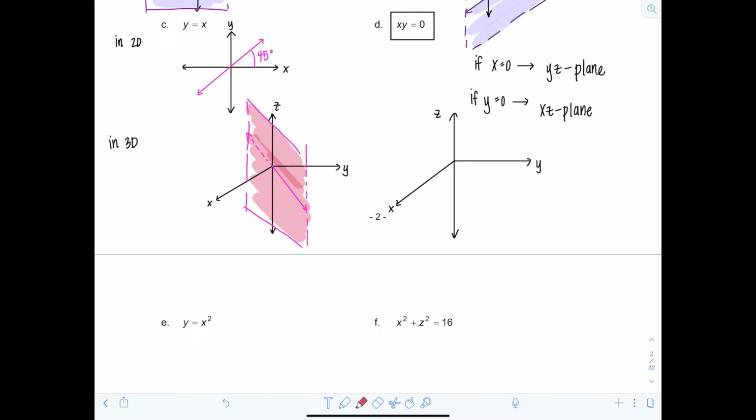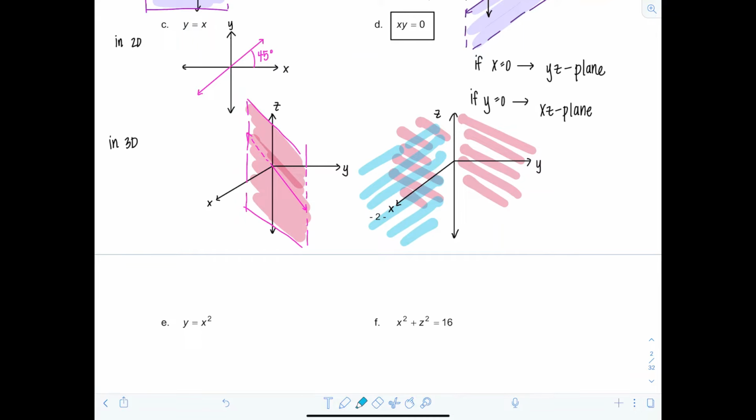So yz plane is all of this back here, and then I could even extend it past here, but it's going to get a little messy. Okay, and then if y is 0, then I'm going to graph the xz plane. So that's this portion here, right? And it extends back beyond there too. You could include negative x values. I'm not going to make a hot mess of this, but you get the idea. Okay.